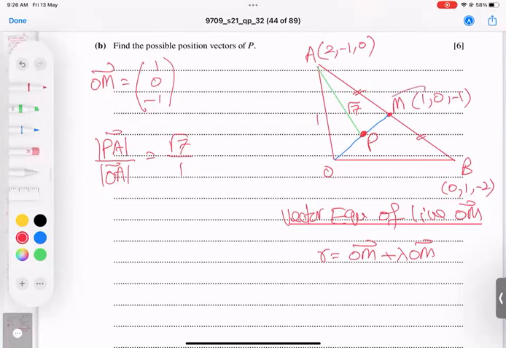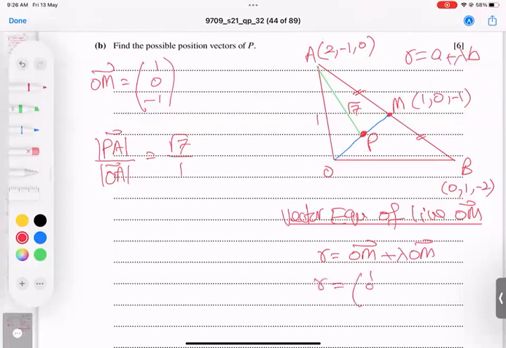So the formula is r equals a plus lambda b, where a is a point that lies on the line, and what comes after lambda, b, is called the direction. I think the idea is very clear.